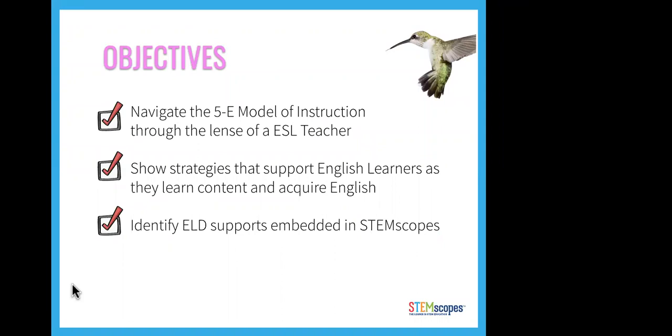It actually is how students learn. I will also show you some strategies to support your English learners as they acquire the content in English. And I will do all of this through a program called STEMscopes. Even if you don't have STEMscopes, the strategies will still work for you, but I will use pictures and activities from STEMscopes.